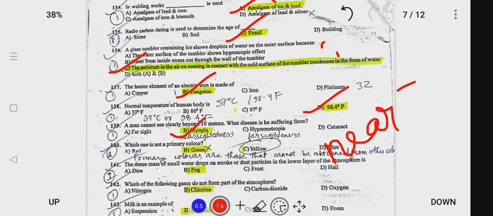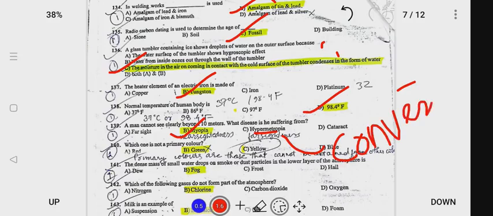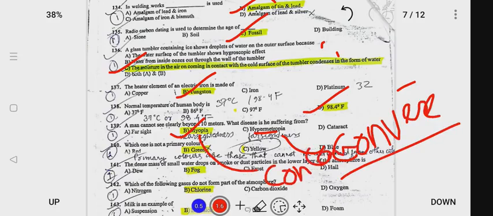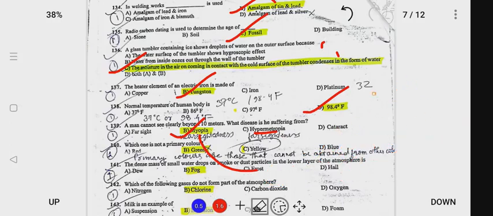Hypermetropia means he can see far objects but cannot see near objects. To correct hypermetropia, a convex lens is used, and for myopia a concave lens. So please remember this.